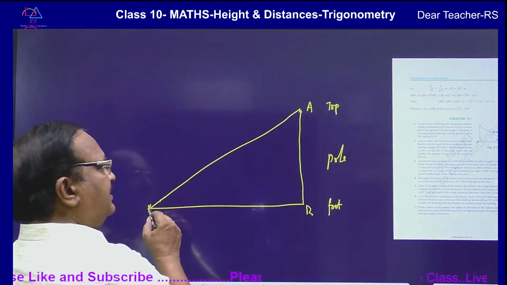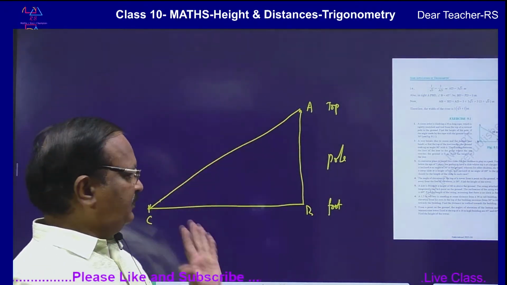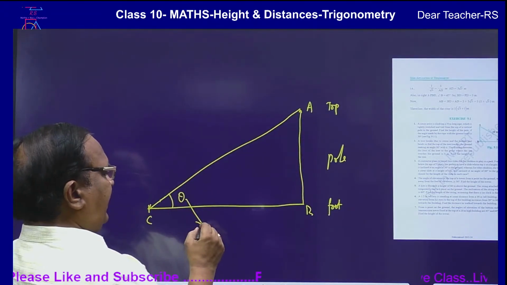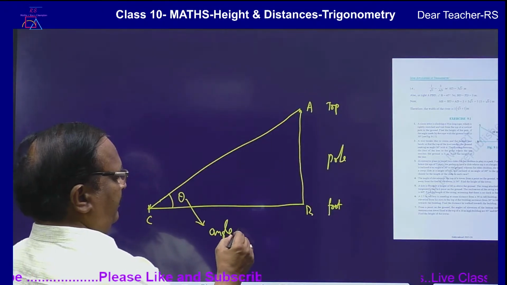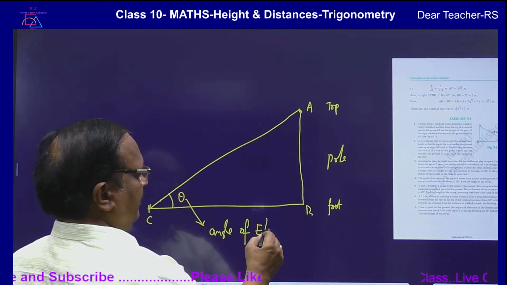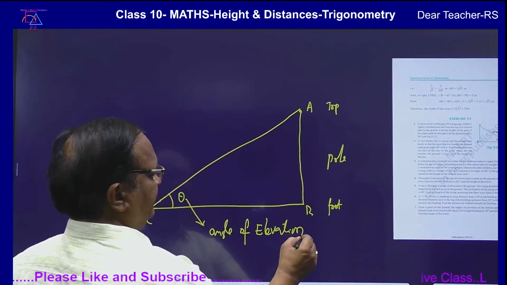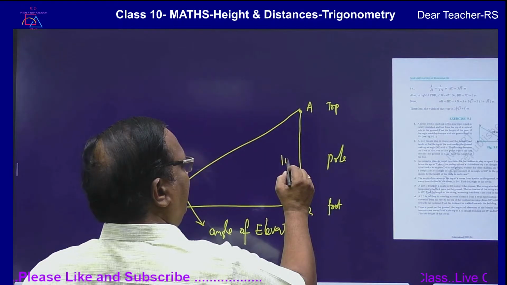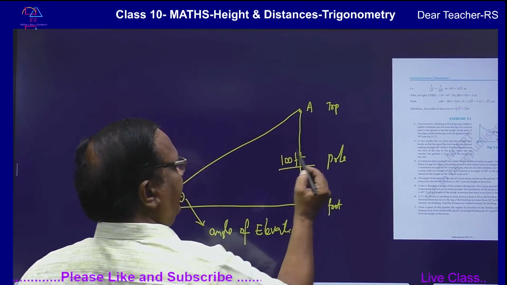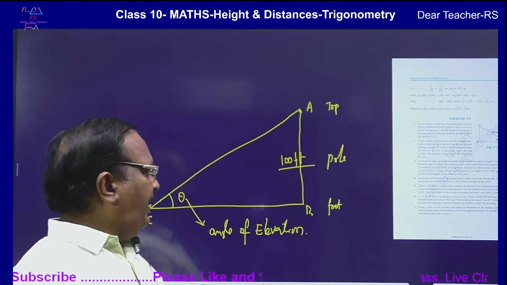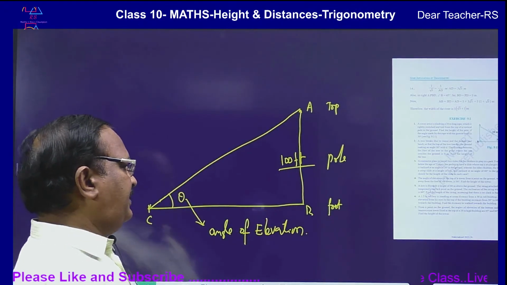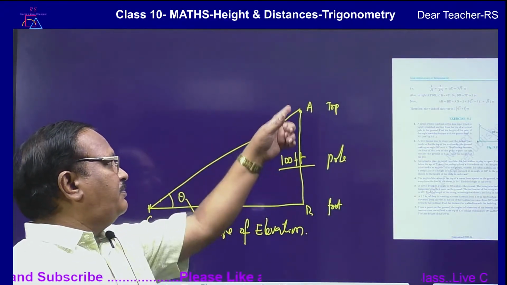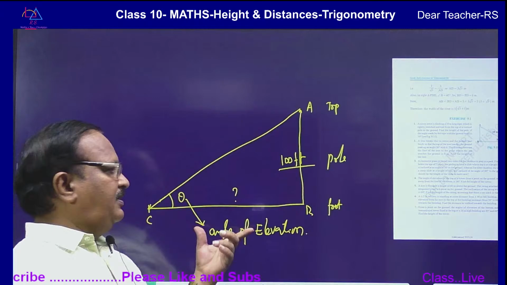So this person is observing the top. This is one example. So now this angle we call it as angle of elevation. Suppose the height we know, let us say 100 feet, height of the tower. Find how far this observer is from the tower, that means BC.